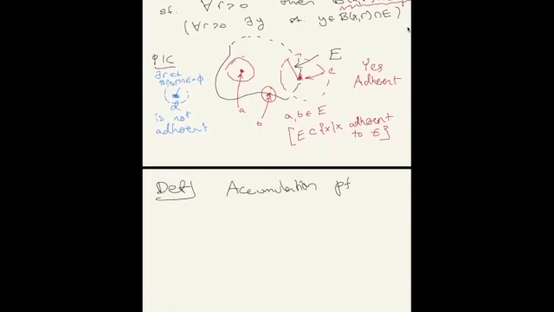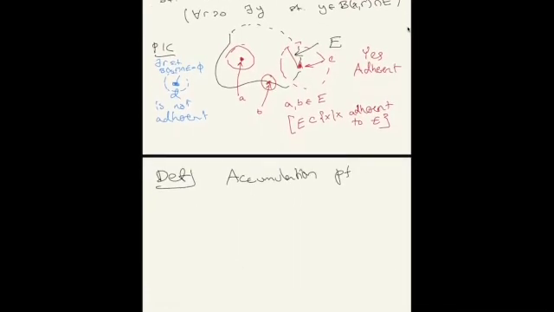Now, some books define a very closely related notion of an accumulation point, and this is defined slightly differently. It's a very similar idea. It tries to remove the points A and B from that previous picture.